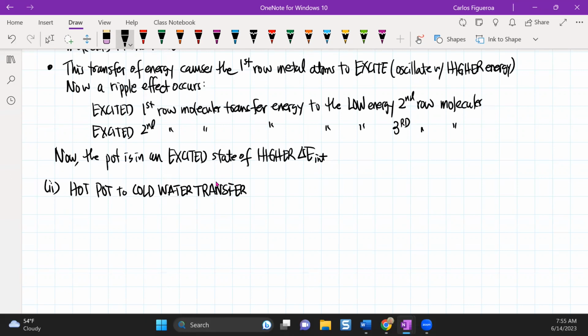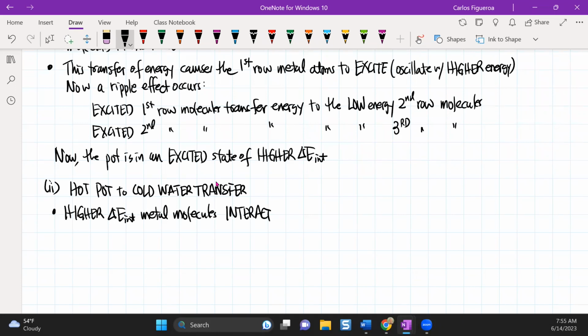In this case, we follow the same process. So now the higher internal energy metal molecules interact.